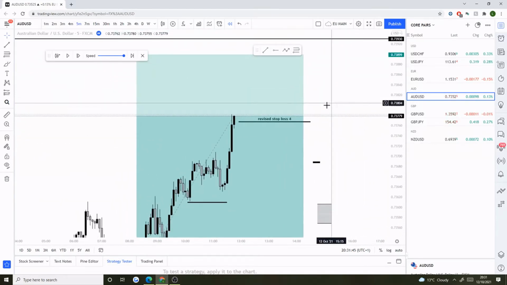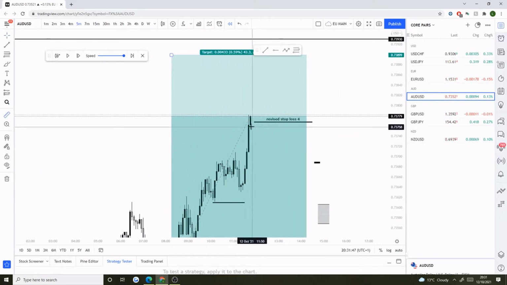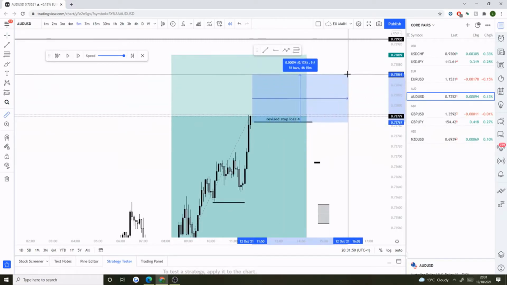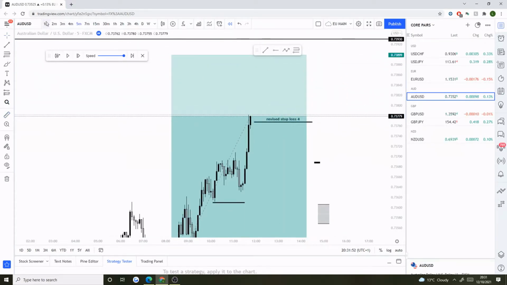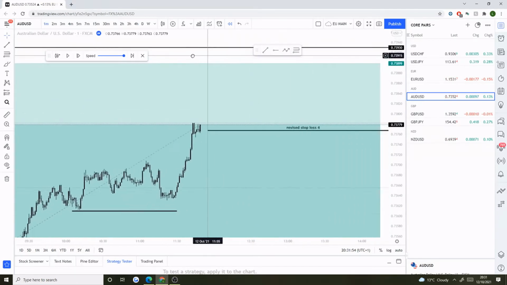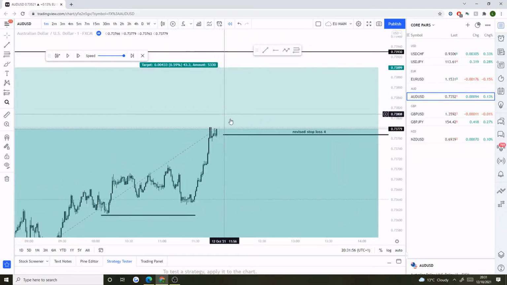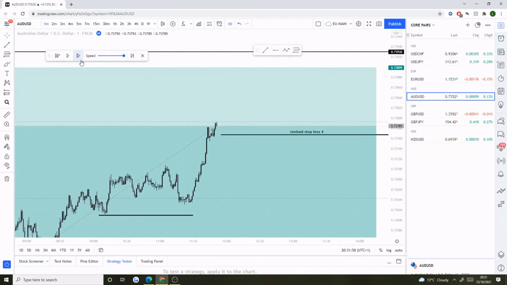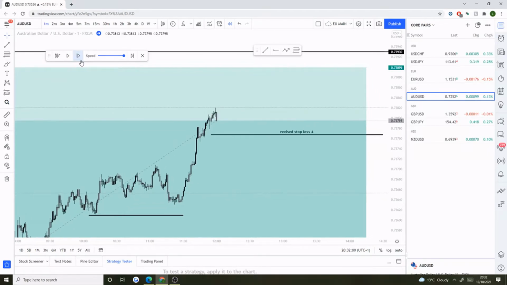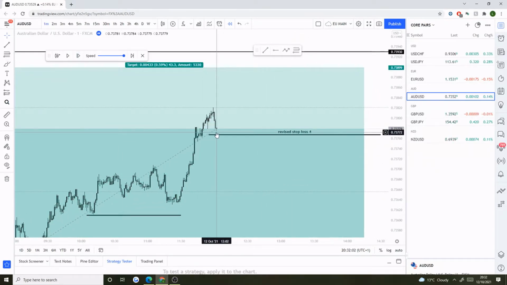So looking at this now, price was getting super close to my take profit, only about 10 pips away, just over. And what I was aware of at this point though is that it was actually the New York Open coming up at 1 o'clock, and this is just after 12 o'clock.